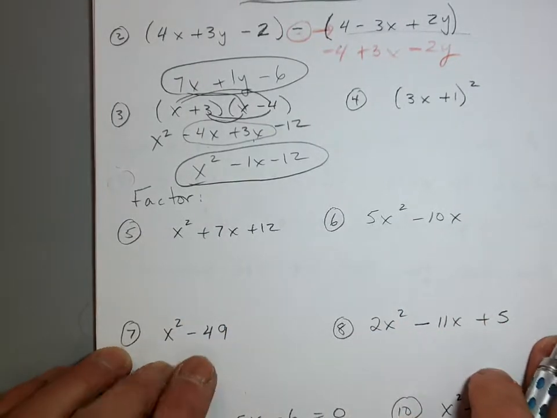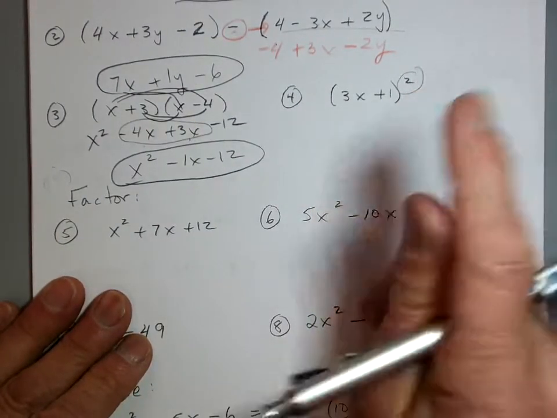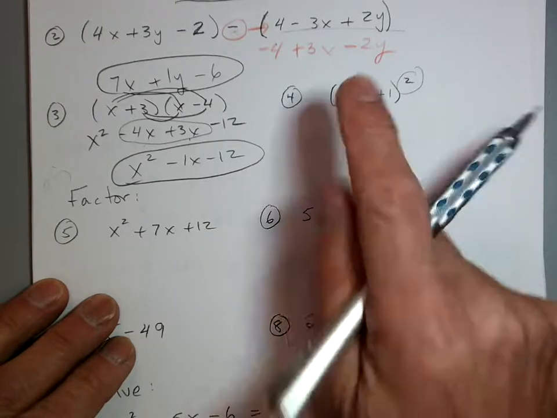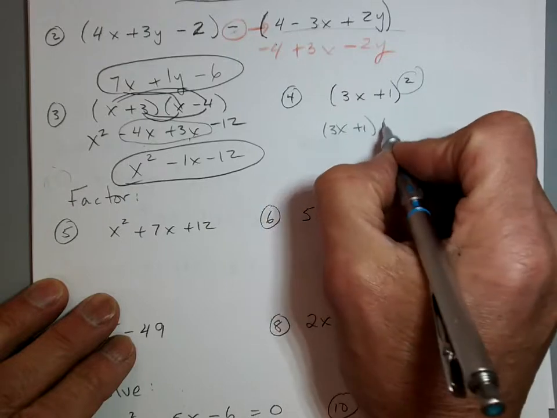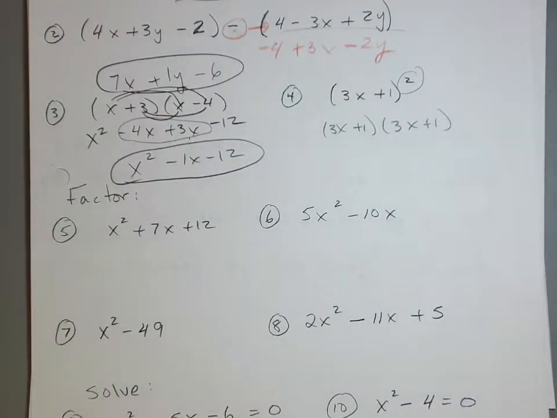Number 4 could be tricky, but we're not going to let it be tricky because we're going to write this twice. It really means 3x plus 1 times itself. So we're going to rewrite it as 3x plus 1 times 3x plus 1, because quantity squared means something times itself.